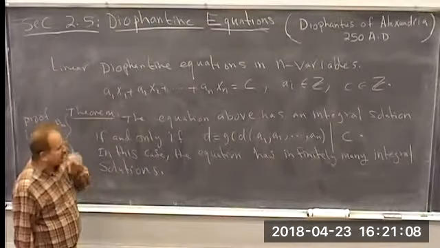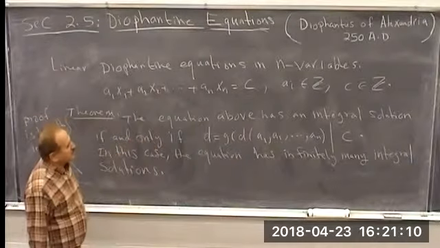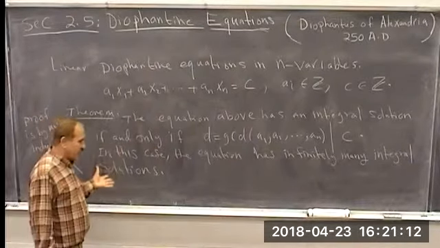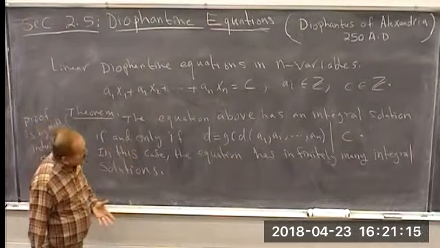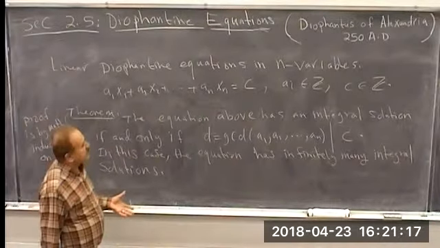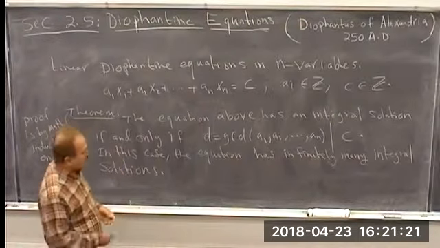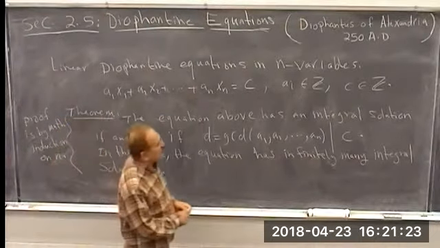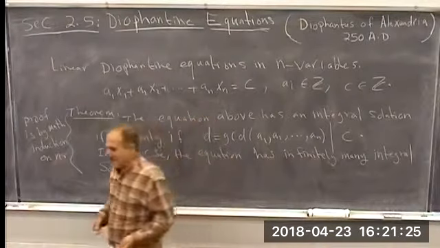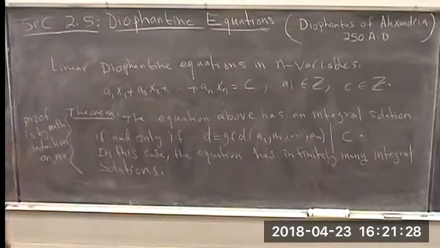It's true for two variables from a previous theorem, and then assume it's true for k variables and prove that it will imply that it's true for k plus 1 variables, all right? Actually, the method of solution is basically how the proof goes, okay?